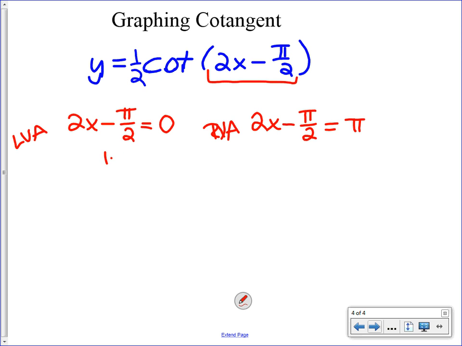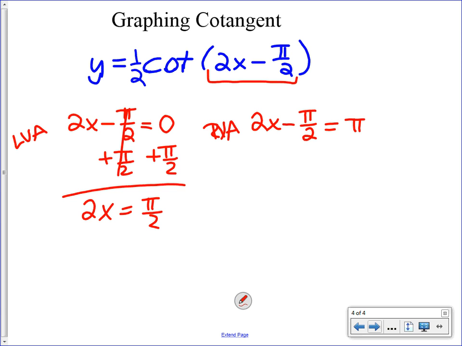We're going to start by adding pi over 2 to each side. We're going to end up with 2x equals pi over 2. And then we're going to multiply by 1/2. And we're going to end up with pi over 4.